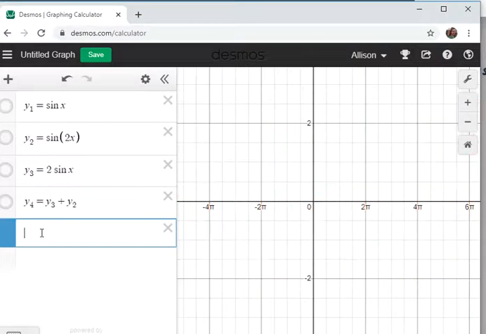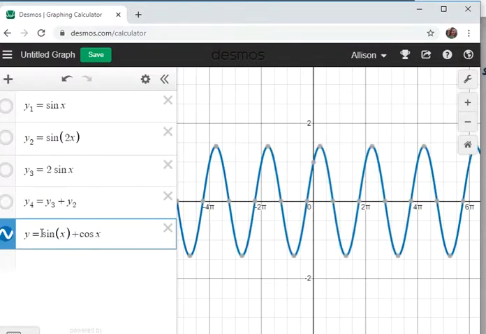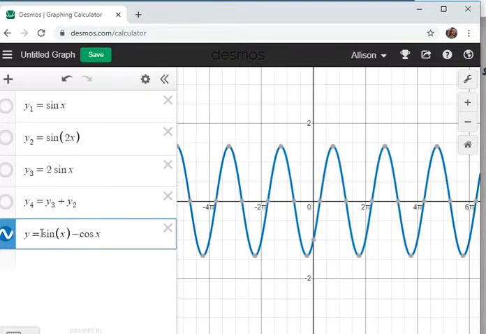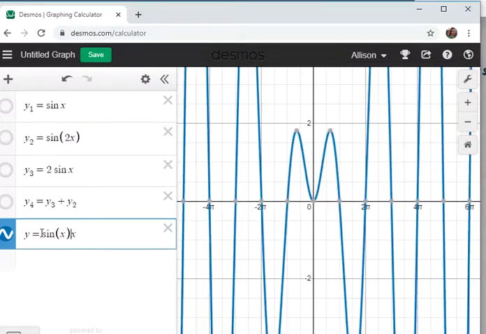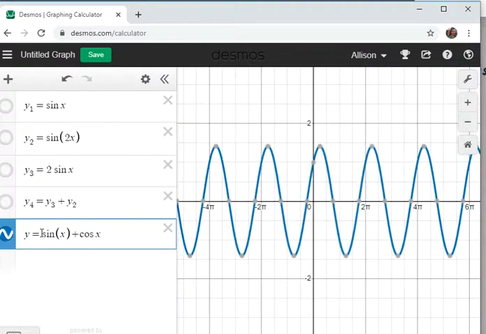So just for fun, what happens if I take a new function like y equals sine of x, and I add cosine of x to it? Didn't look too interesting, but if I subtract it, no, what if I multiply it? Okay, that's just changing some of the signs. And so what's more interesting is if I add cosine of 2x.